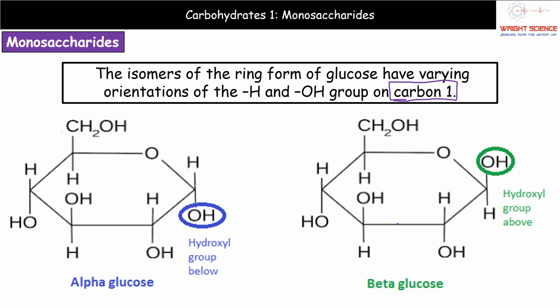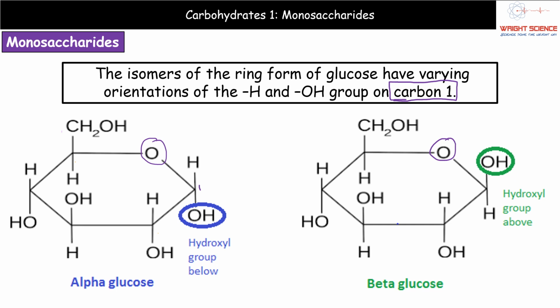So let's have a little look at these then. First of all, when we're looking at the structures, you'll notice that there is this oxygen in the top right. That's our starting point, if you like. When we're going around, all of these little points where we get to a join are carbons.